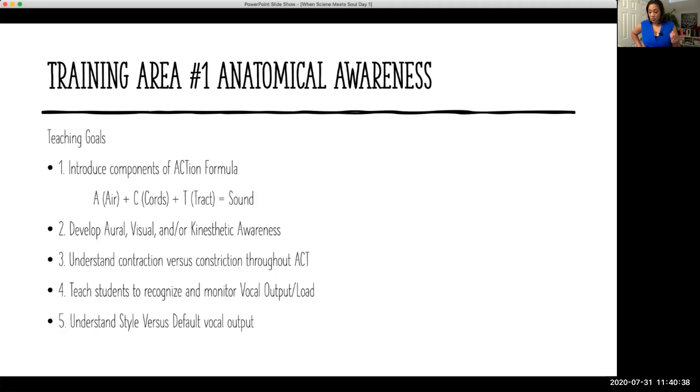We're also understanding style versus a default. What is my voice? You may have heard Jeannie talk about vanilla voice, and I use that a lot because we sing so many styles, we as teachers, particularly. And we've been trained to sound good, and we've been trained to think about sounding good, our idea of what good is.